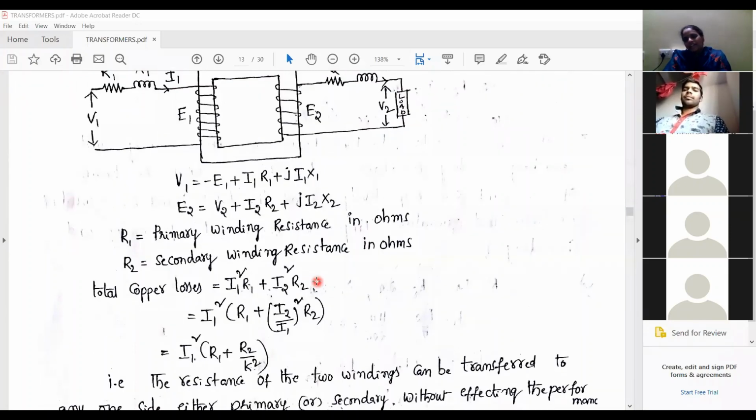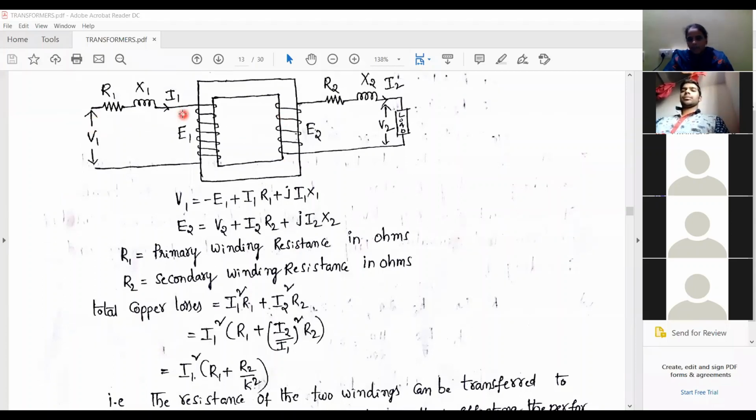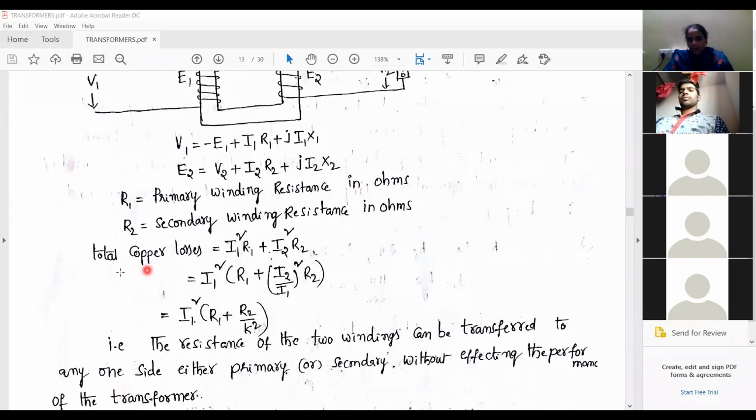Okay, and we know that the transformer has two types of losses. One is core loss, because of the core made up of iron, and another is copper loss. Copper loss is because of the windings. What is copper loss? We can write copper loss is the I square R loss.